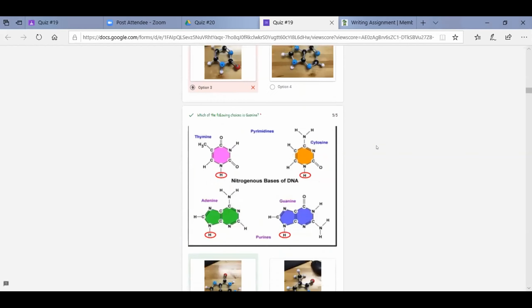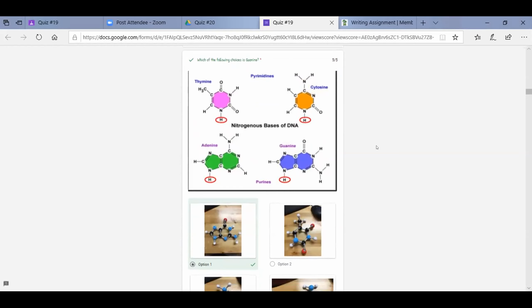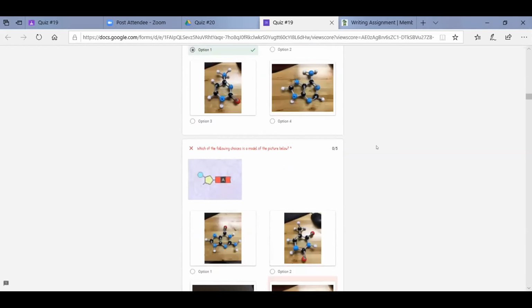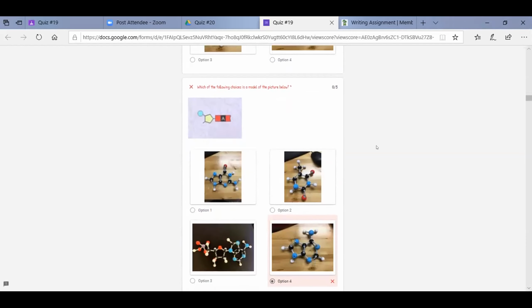Which of the following is guanine? Two rings, one oxygen. You see it right there. Which is the model of the picture below? How many parts does that nucleotide have in the picture?